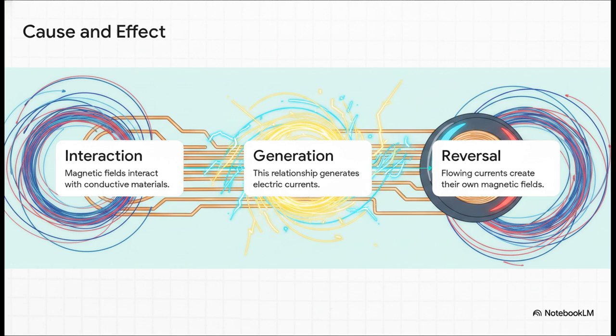Step 2, that active relationship actually generates electric currents. Literally, if you move a magnet through a coil of wire, you induce a flow of electricity. But wait, it doesn't stop there. Step 3 shows that the reverse is perfectly true too. Flowing electric currents can actually create their own magnetic fields. It's this continuous reciprocal dance. Electricity creates magnetism, and magnetism creates electricity.